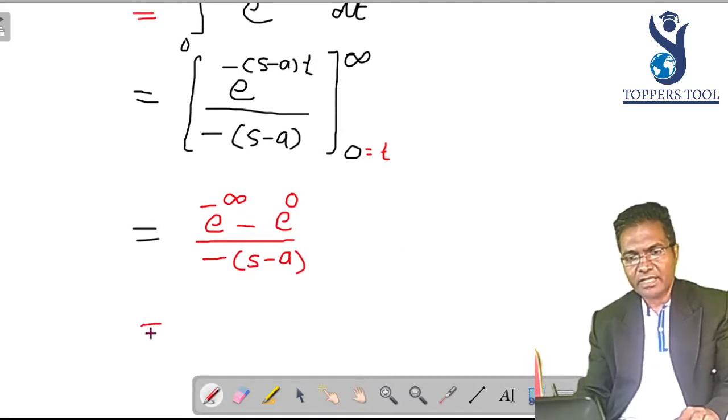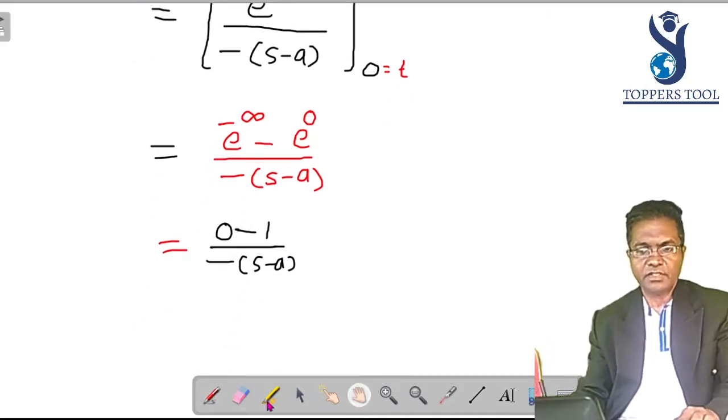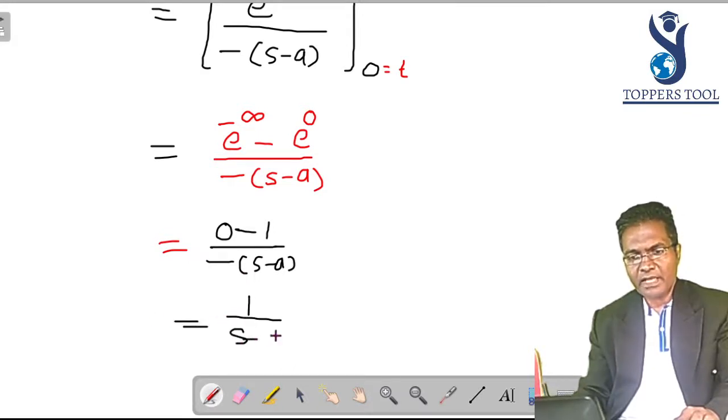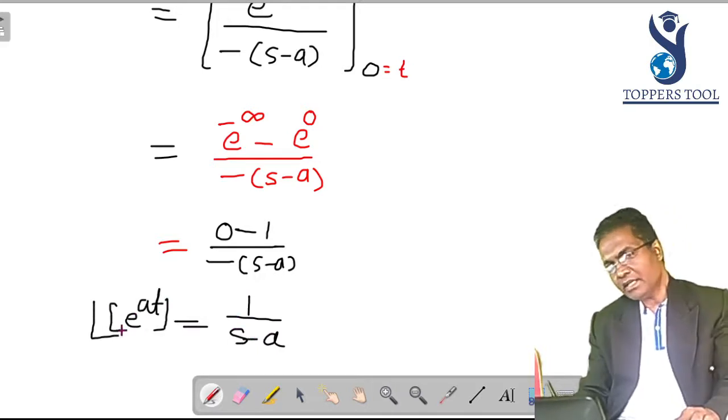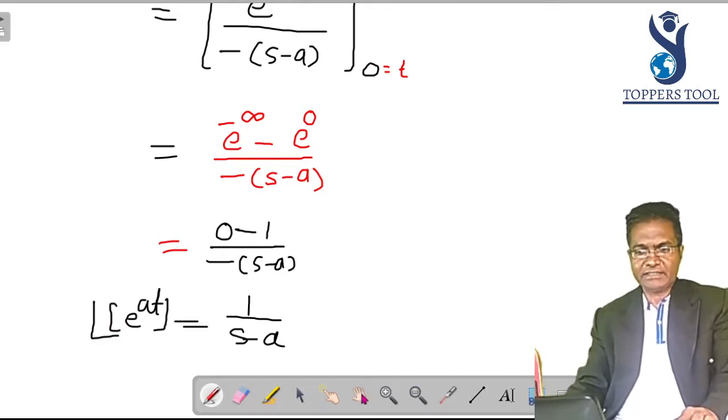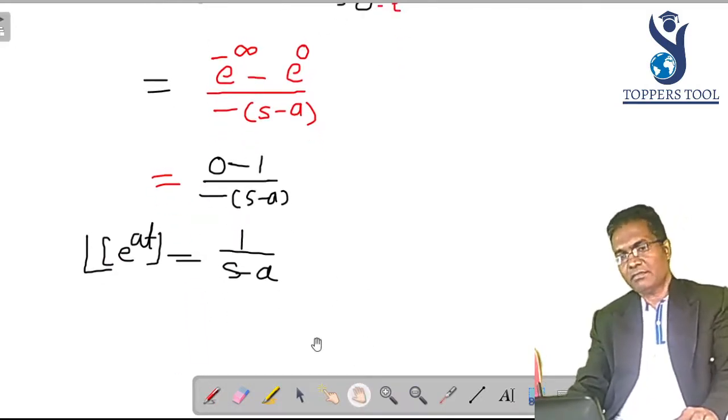Okay. So as I mentioned earlier, e power minus infinity is 0, e power 0 is 1, divided by minus of s minus a. Okay. So which is nothing but 1 by s minus a. This is your L of e power at. Remember this.